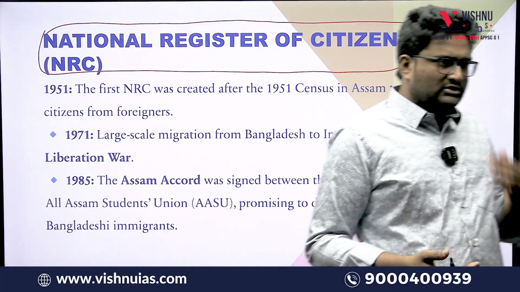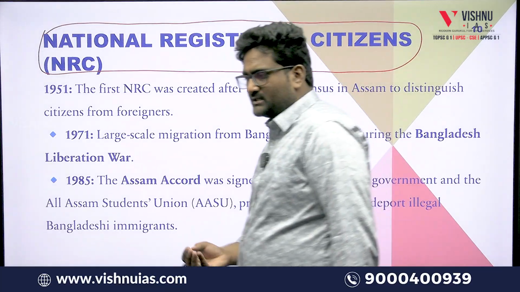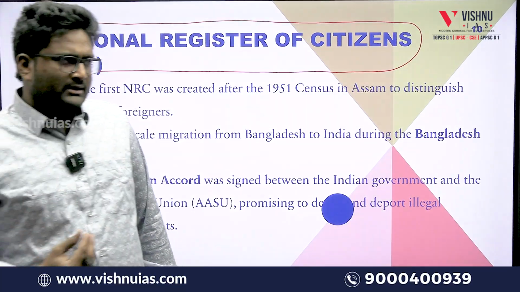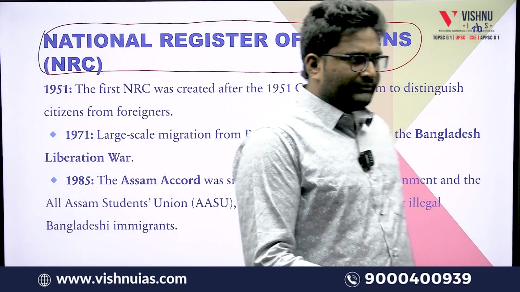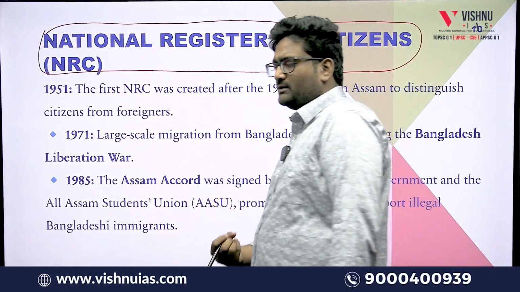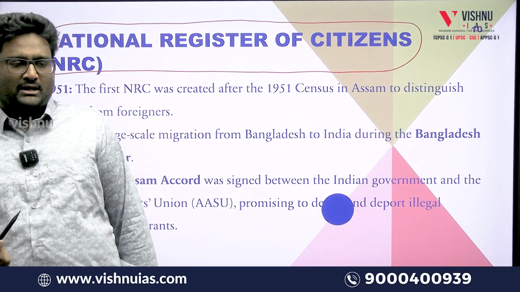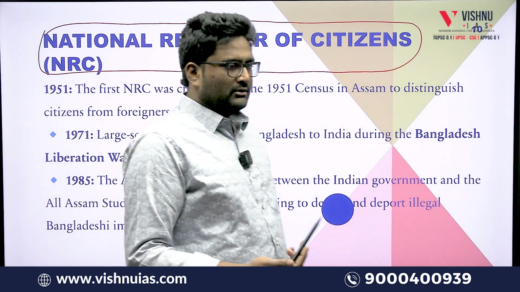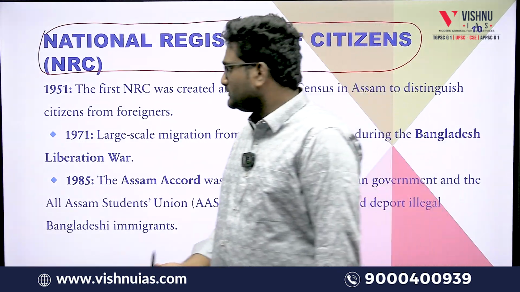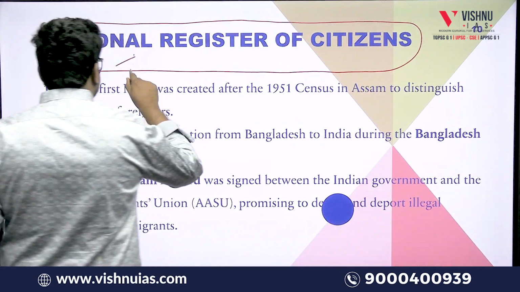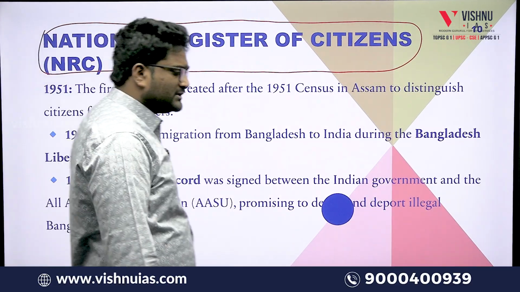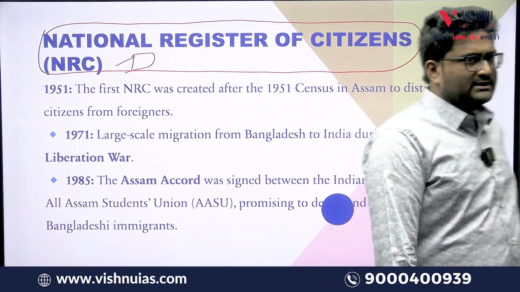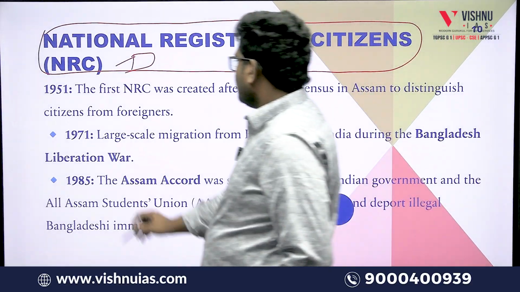So he is a legal non-citizen. Some people, like Rohingyas or Bangladeshis, enter India without a valid document or without the approval of the government. They are called illegal non-citizens, illegal migrants. This NRC consists only of the names of citizens of India. The first NRC was done in 1951.